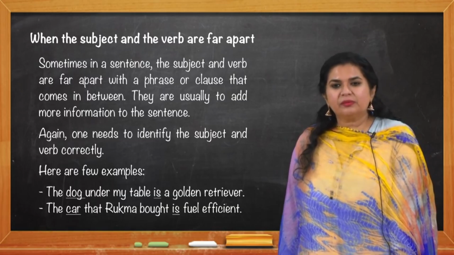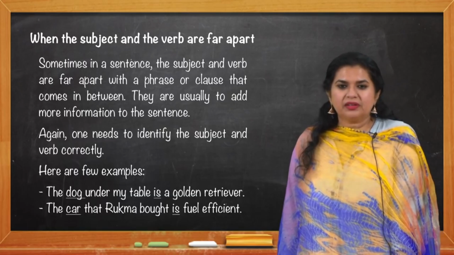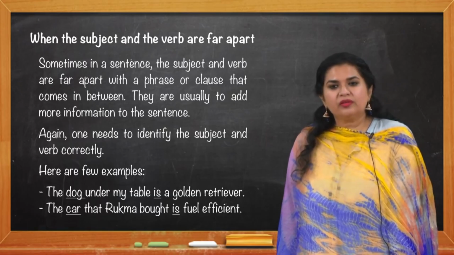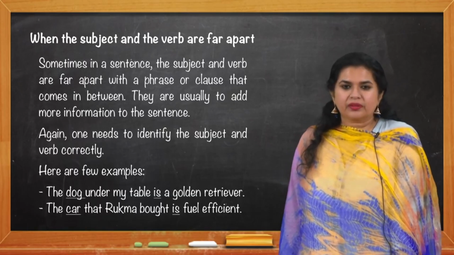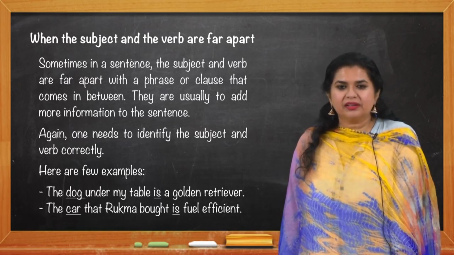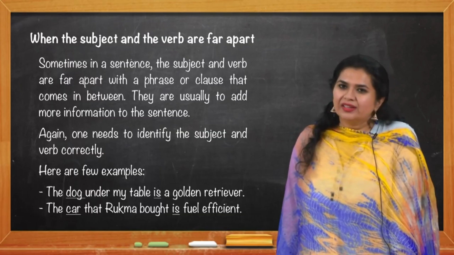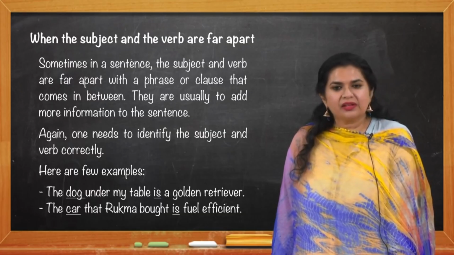When the subject and the verb are far apart. Sometimes in a sentence the subject and verb are far apart with a phrase or clause that comes in between. They are usually there to add more information to the sentence. Again, one needs to identify the subject and verb correctly. You have already seen how we generally identify the subject. And look at the examples.